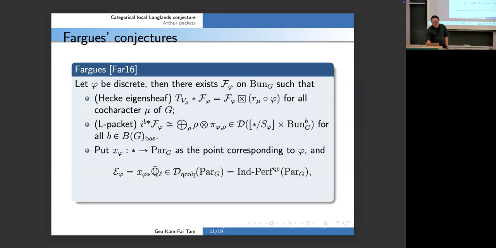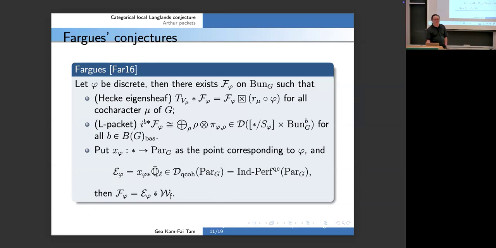This is a coherent sheaf. Sorry, this is a quasi-coherent sheaf. Not coherent as at the beginning, but you can identify it in the category of perfect sheaves on Par G. Then this Fargues sheaf F_phi is conjectured to be given by this E_phi acting on this Whittaker sheaf.